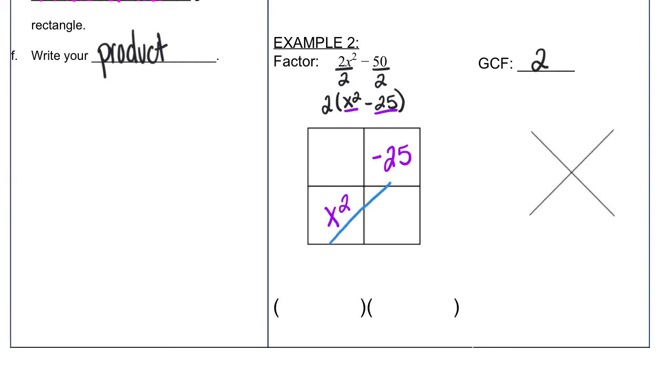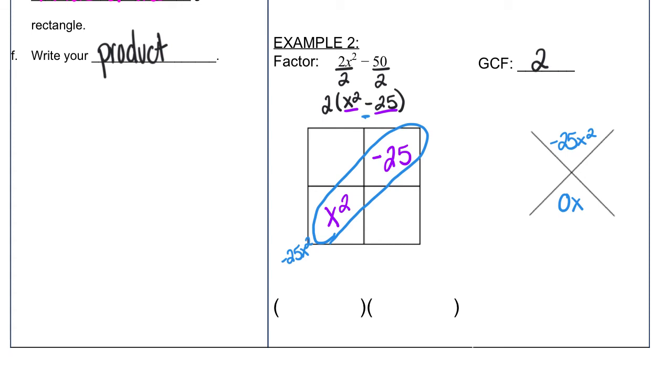The next step was to set up our diamond problem. So I'm going to multiply this diagonal right here, and that's going to give me a negative 25x squared. That's going to go in the top of my diamond problem. And then I'm going to look for my x's. And if I look here, there are no x's within my quadratic expression, so I'm going to fill this space with a 0x. Now the next step was to find the sides of our diamond problem.